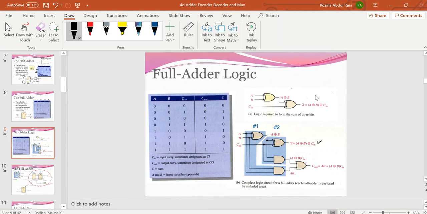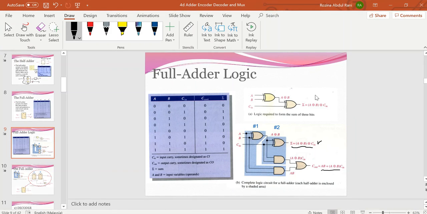So this is the output for the sum operation. And Cout is equal to A B plus Cin (A XOR B). So this is the Boolean function for Cout for the full adder.